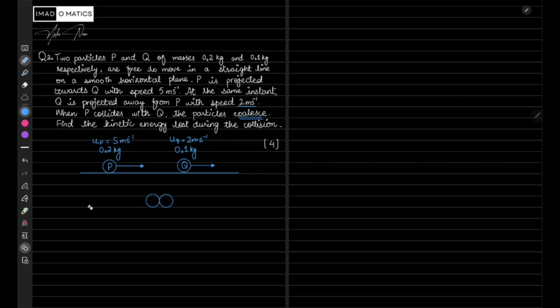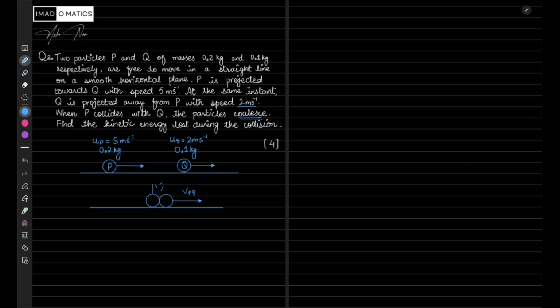And yeah, so now their masses obviously will stay the same, but their velocity is now one whole velocity with which they are going to move. It's not like velocity of P and velocity of Q. It will be now a combined velocity PQ because now they are coalesced. Now let's look for the working that we'll be doing.